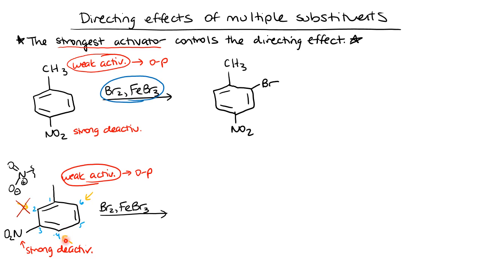Now, comparing carbons 4 and 6, if we were to place the bromine here, it would have a bit more steric hindrance with our nitro group. Then, if we were to place it here, it would have less steric hindrance with our slightly smaller methyl group. So this position, number 4, is unlikely, again, because of steric hindrance with the nitro group. So that's going to leave our last position, carbon number 6.